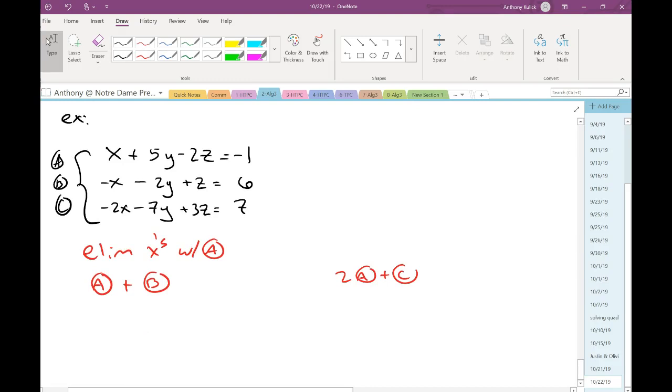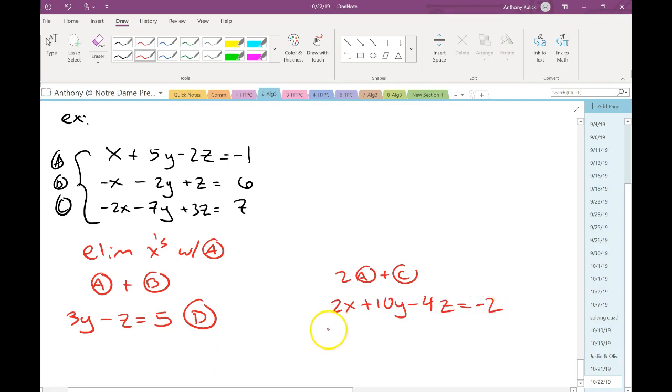So if I do A plus B, I don't really need to write those down again. I can just add them straight by looking at them right above. 2A plus C, I guess I'll write that down again, though, since I have to do the times 2.